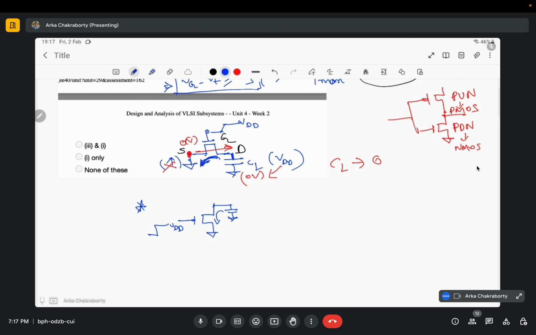You will see that a PMOS will not be able to discharge it completely. It will only be able to discharge it up to mod of VTP. VTP is negative, so I am saying mod of VTP. But a PMOS transistor will be able to charge it, if this was VDD and this was the output load capacitance here. Sorry, the reverse.